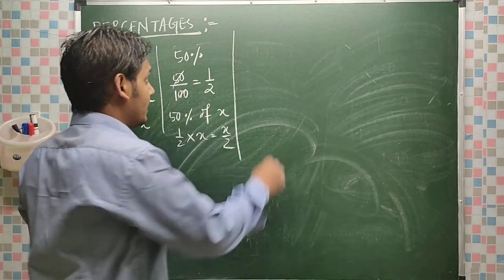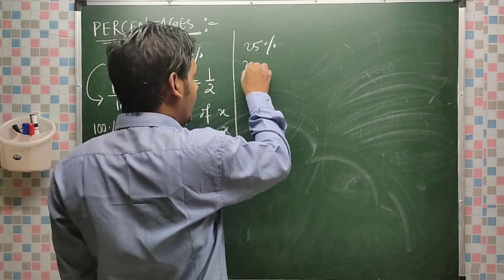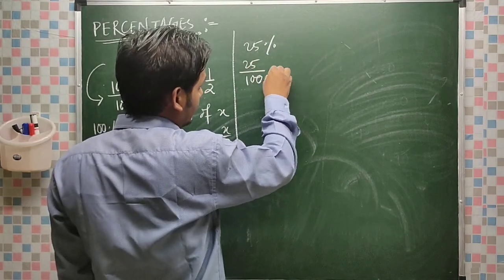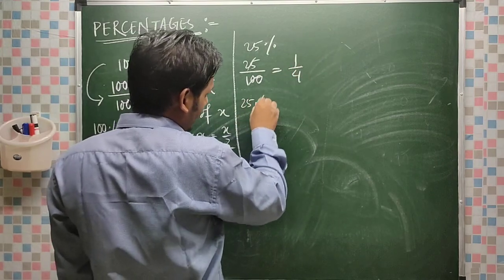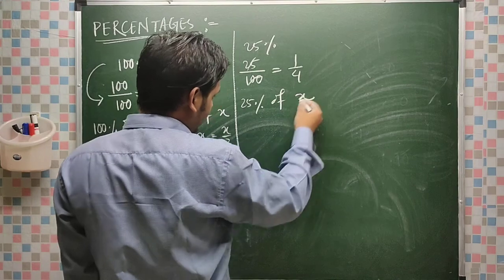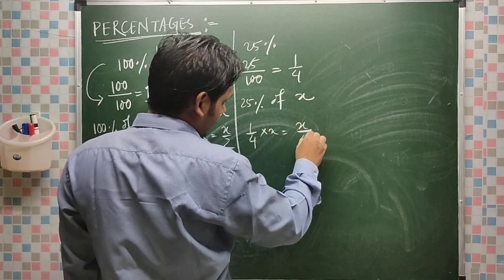Then 25%, 25 by 100. You know that 25 is a factor of 100, 1 by 4. So 25% of x means 1 by 4 into x, that means 1/4 of x.